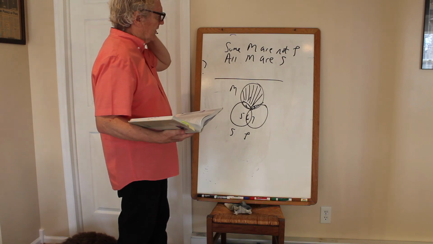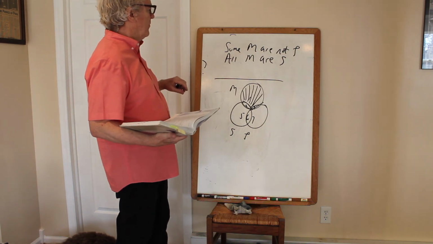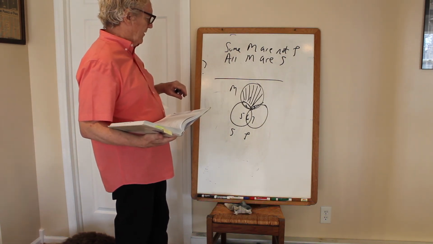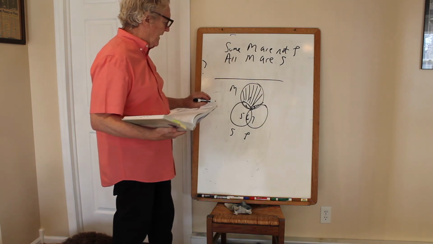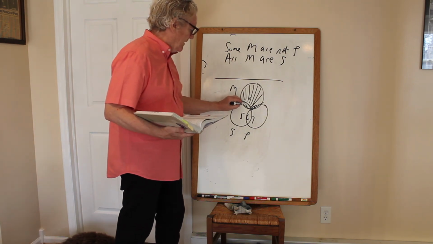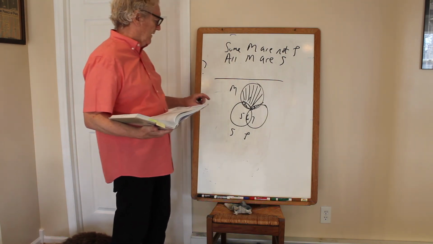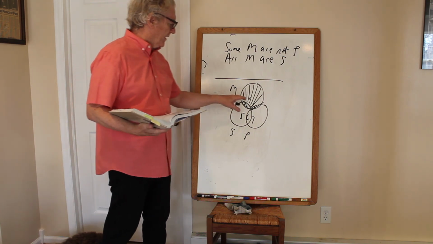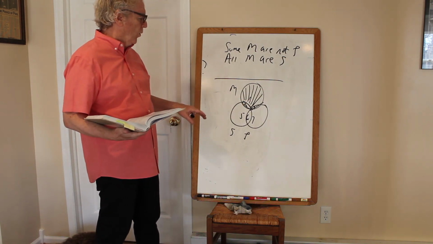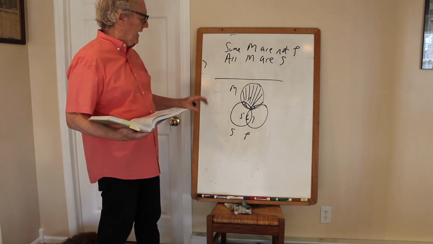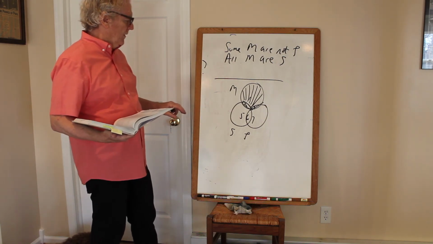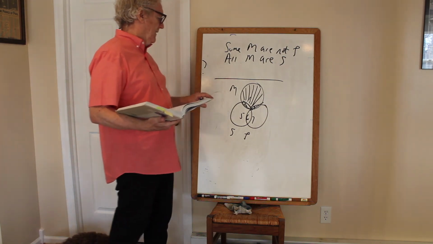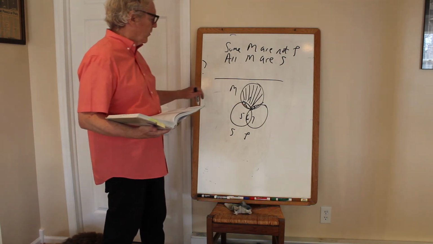Then I would do the particular premise next. Some M are not P. Okay? So if some M are not P, that has to be in the region 2, because there's no place else for it to go. You've already shaded 1 and 4, and the M has to be outside of P. So the M that's outside of P is also in S. So what can we say?